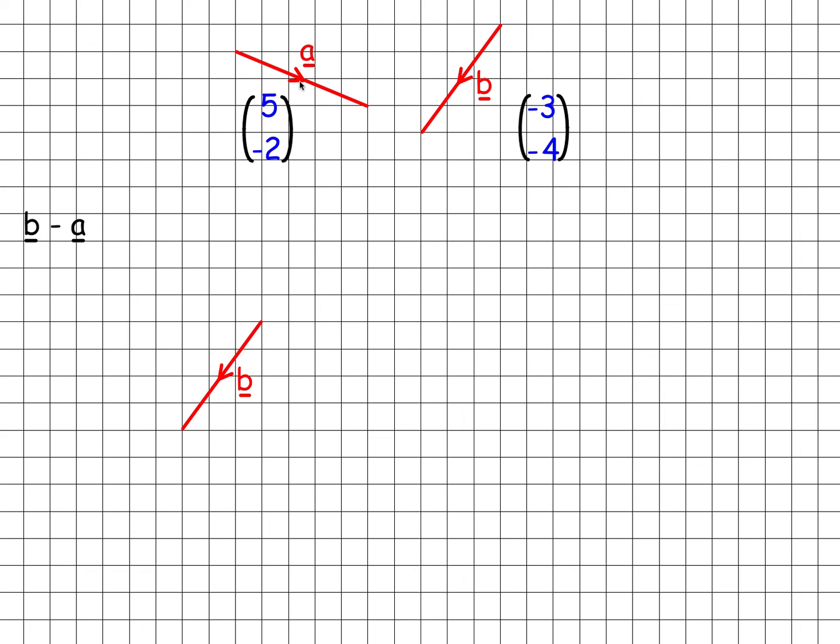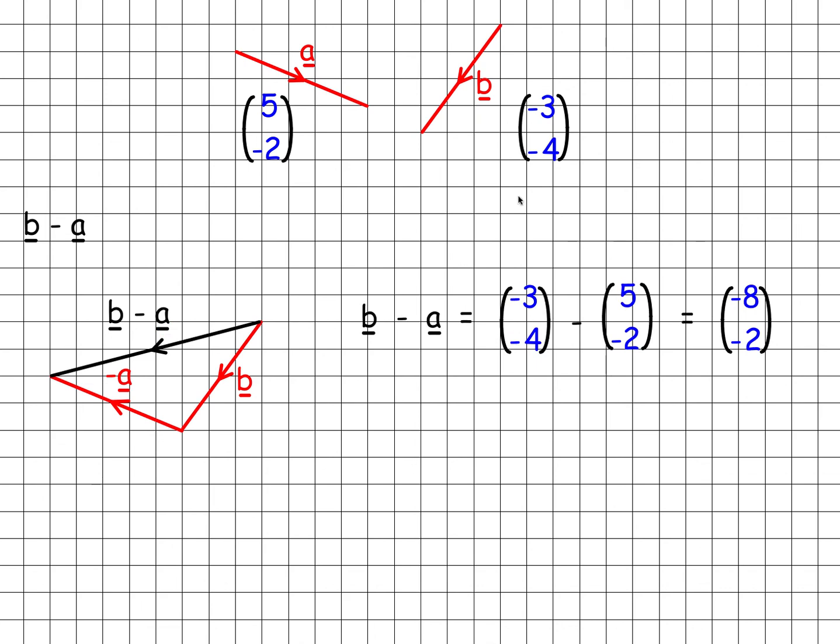You take A and reverse its arrow, put it onto the end of B, and there's A with the arrow pointing down to the right here, and there's negative A with it pointing up to the left. The arrow head's reversed. So we're now following the arrows on a journey from start to finish. That's it there. That's B adding negative A, which is the same as B minus A.